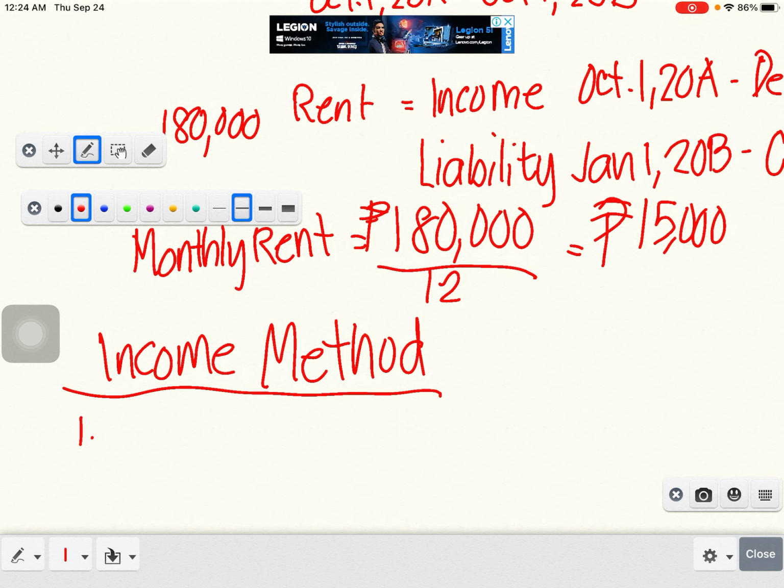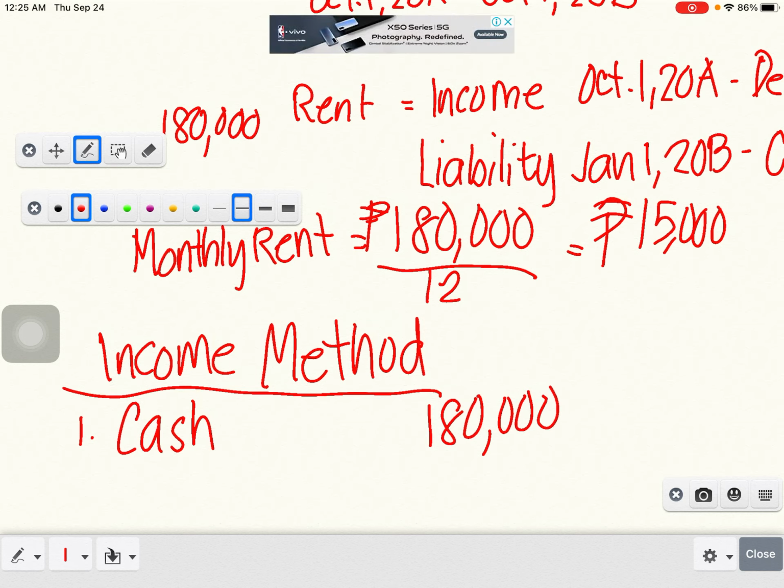So if it's income method, expect your journal entry uses an income account title. So what should be your account title? Pre-collection. So debit cash, 180,000. Credit, income method, so rent income.